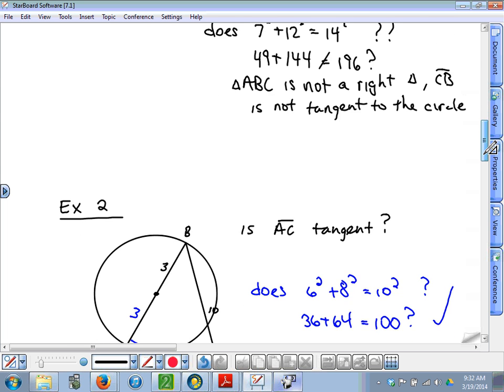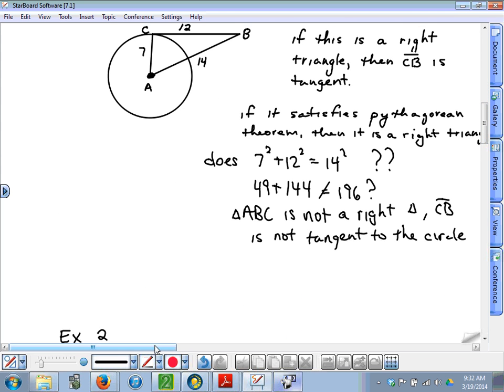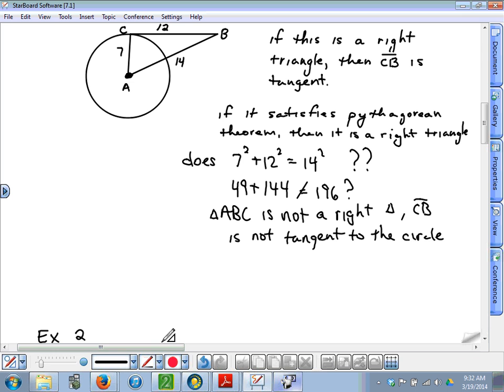Now, let's actually do one more quick example here, because they're going to make you think a little bit more on some of these.